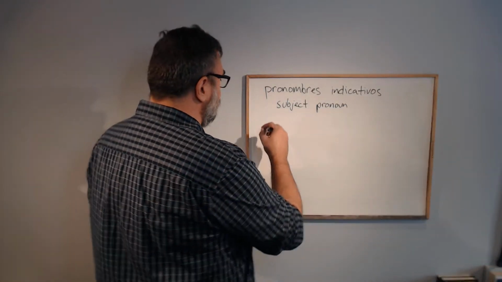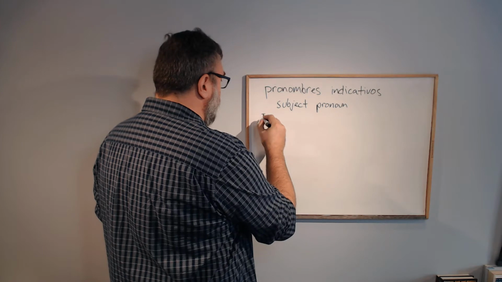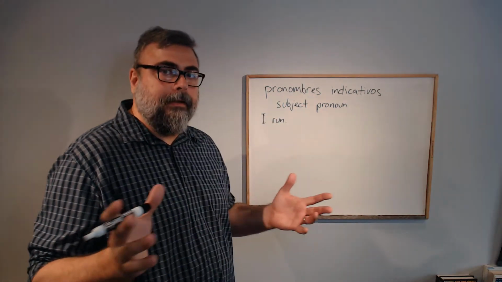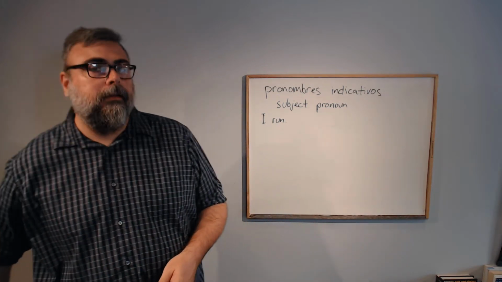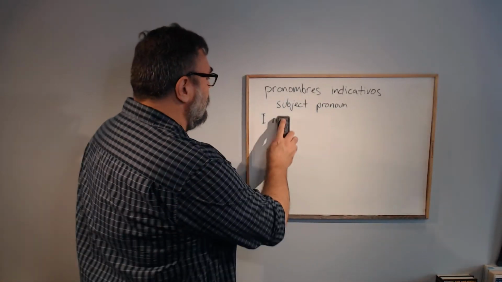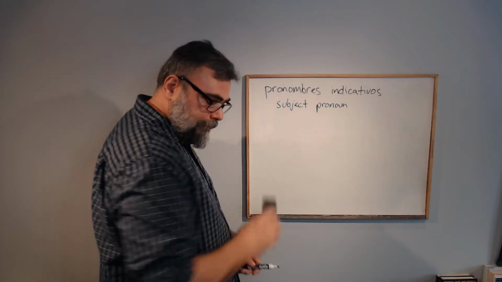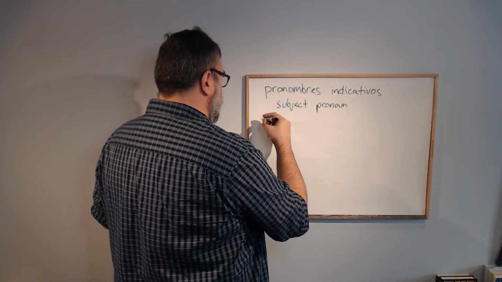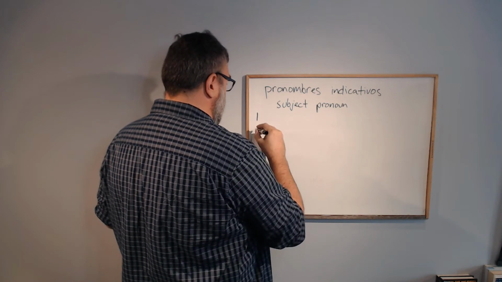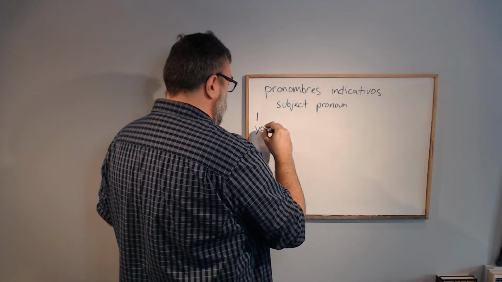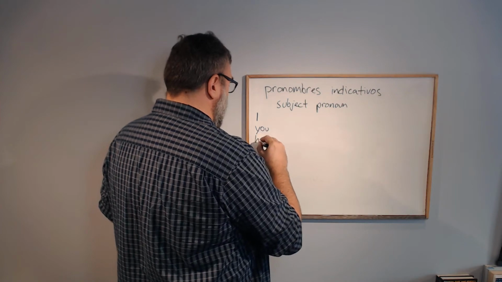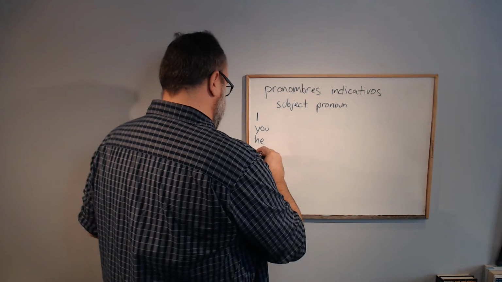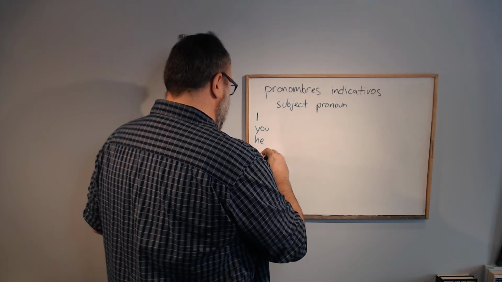So, I run. That's a complete sentence. I run. I is the sort of pronoun we need. So, these pronouns in English are I, you, he, she, it, we, right?